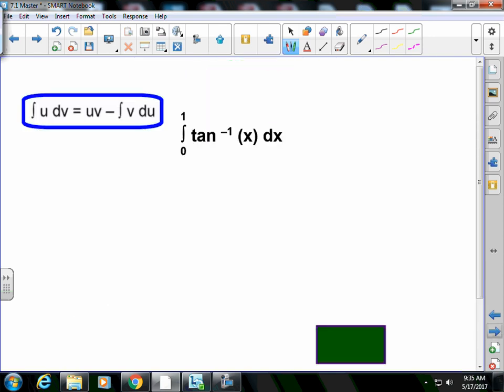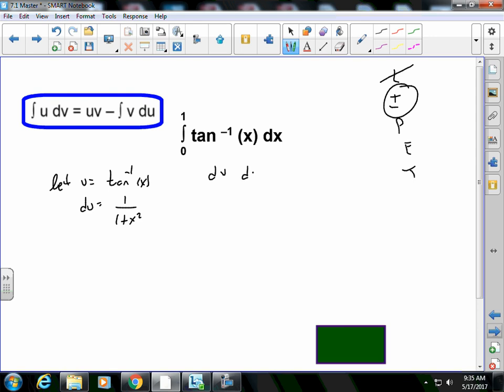Let's do another problem. LIPET. Log, no, but I do have an inverse trig. So I'm going to let u equal the arctan of x. du then has to equal 1 over 1 plus x squared, and yes, you're supposed to know that. dv is what's left over, dx. So v has to equal x.